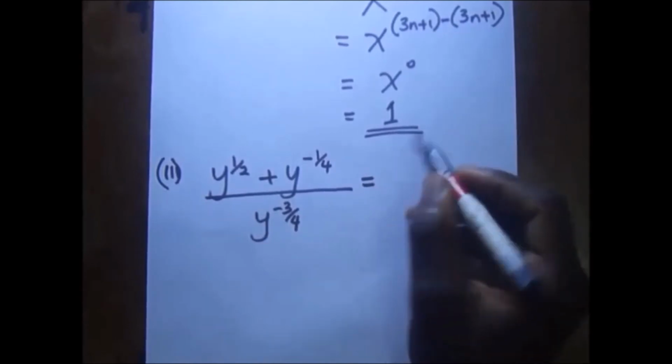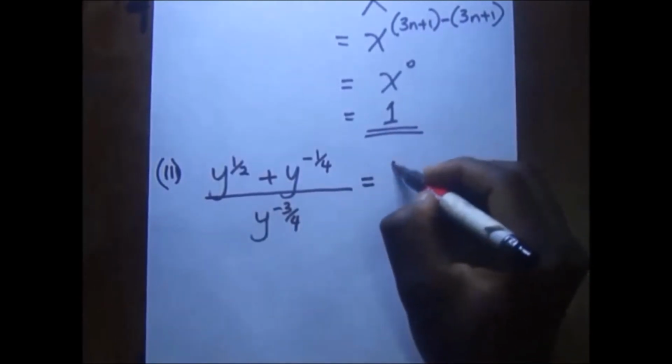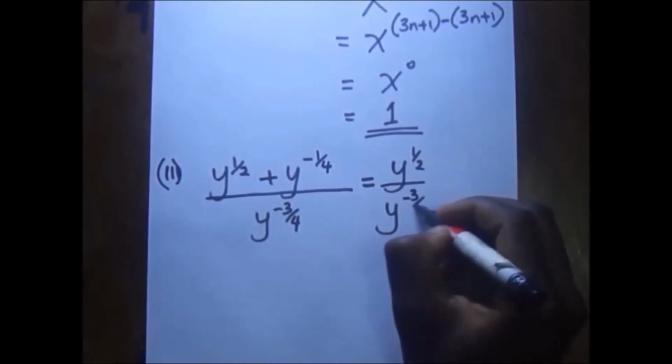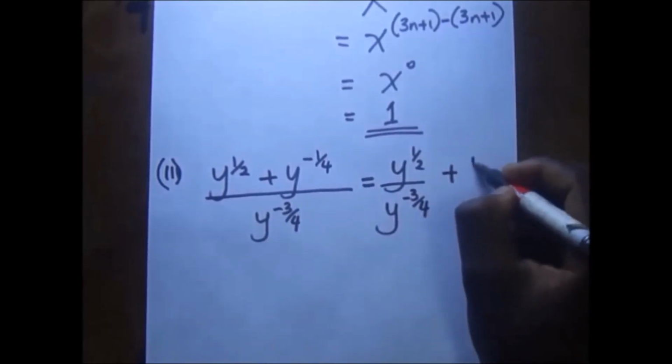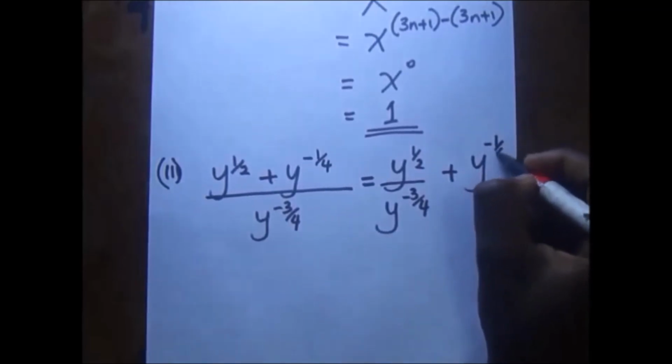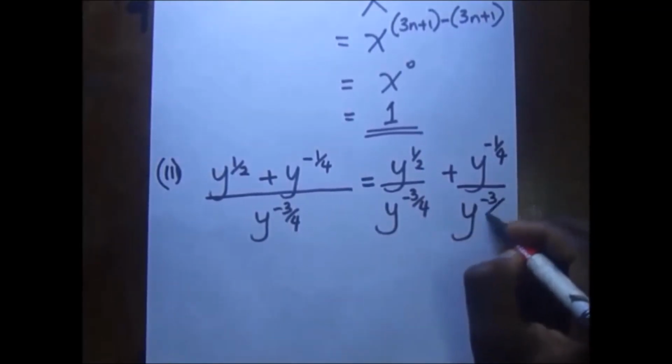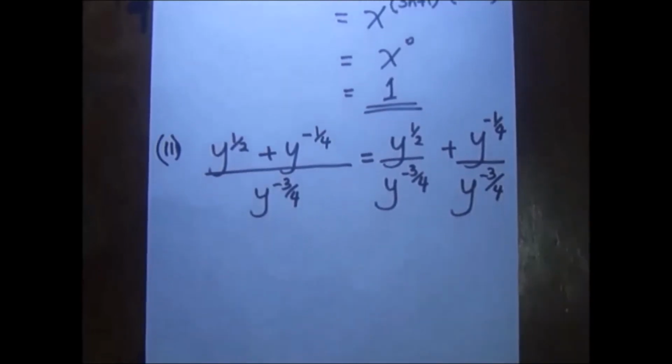This is going to be equal to, let's split this, y to the power a half over y to the power negative 3 over 4 plus y to the power negative a quarter, divided by y to the power negative 3 over 4. That is what it means.